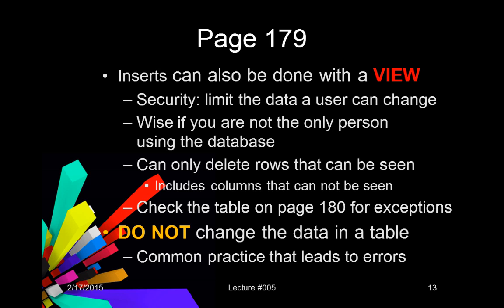And we talked before a week or so ago about a view actually giving us some security to what our users can do as far as changing, adding, or deleting data. This is really a wise thing to do if you're not the only person that's modifying the database or being able to add records.